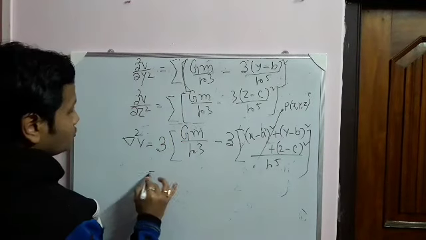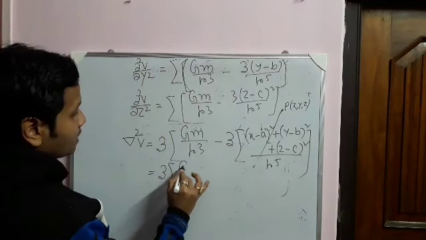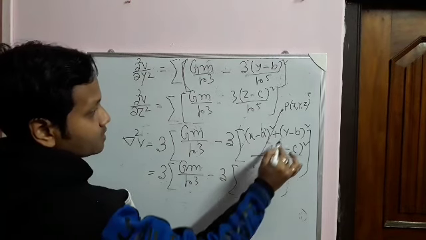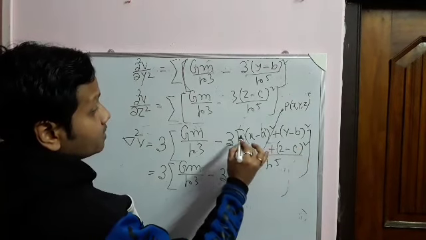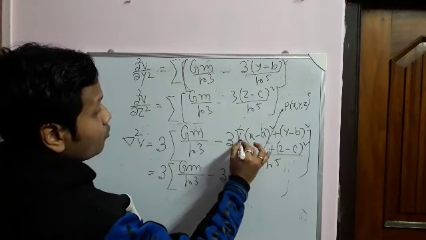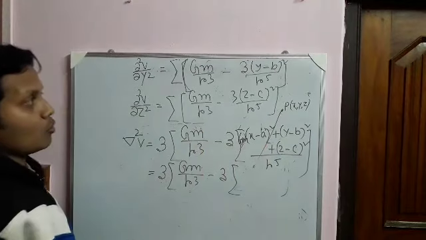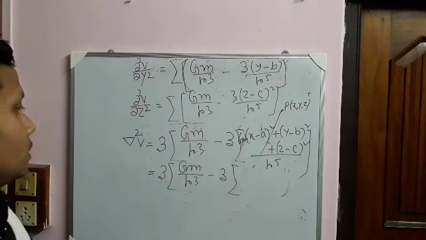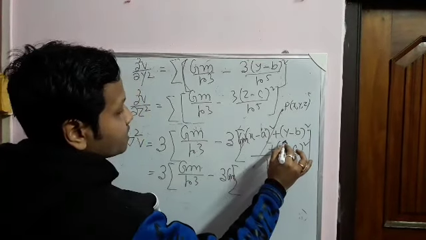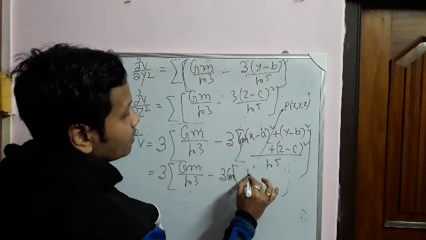Okay, so you can write 3 into sum of Gm by R cube minus 3 into, sorry, Gm term will be common. Okay, 3Gm, and this means R square divided by R to the power 5.